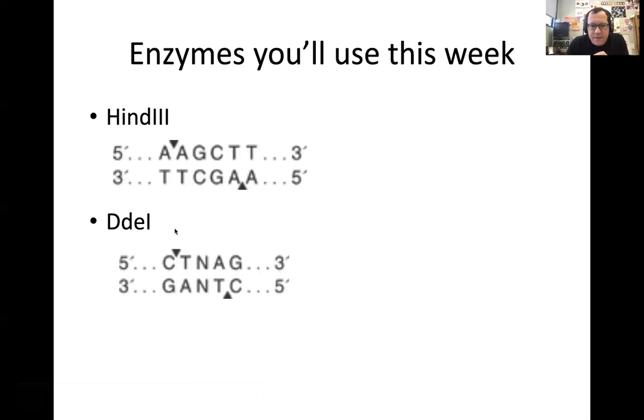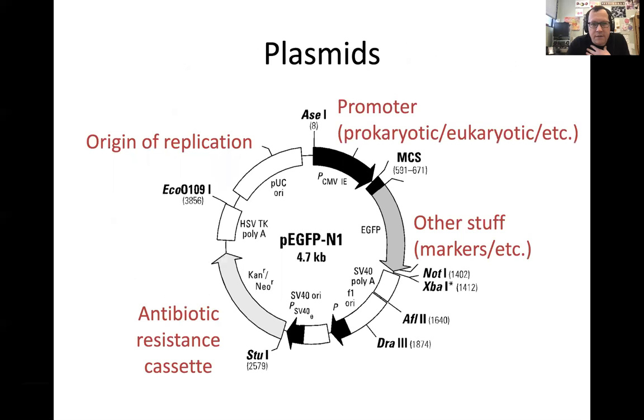But this DdeI is going to cut our plasmid multiple times, and I'm going to ask you to do some stuff with that later on. So the restriction digest of this is going to look very different from this. Hopefully we'll be able to see that pretty clearly when we look at DNA gels.